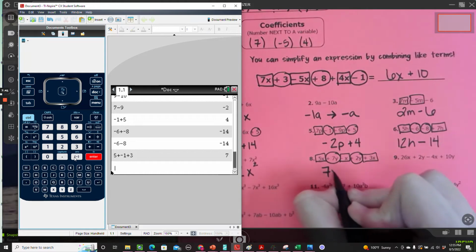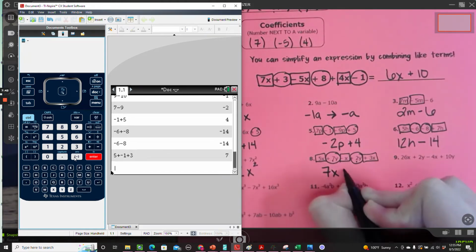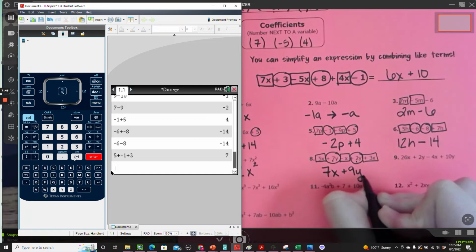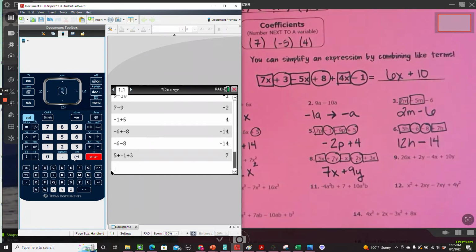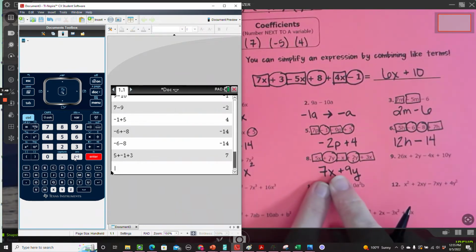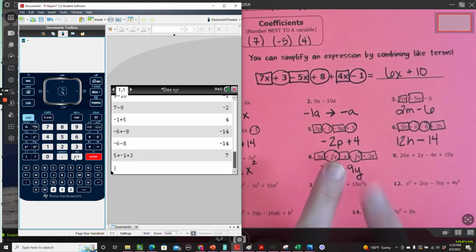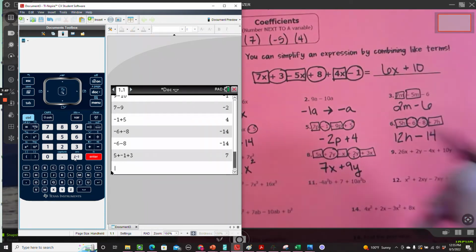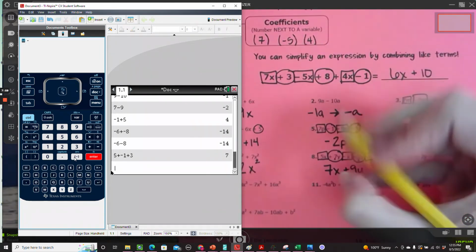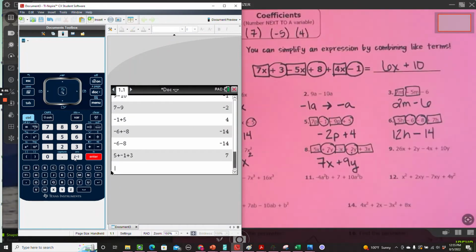So that's 7x. 7 plus 2 is a 9. Tack the letter onto the end. The other rule of thumb when combining like terms is you put your variables in alphabetical order. So x comes before y in the alphabet. Okay? Biggest thing to remember, negative x, there's that invisible 1 hiding there. And if you need to go write that invisible 1 in, that is completely okay.